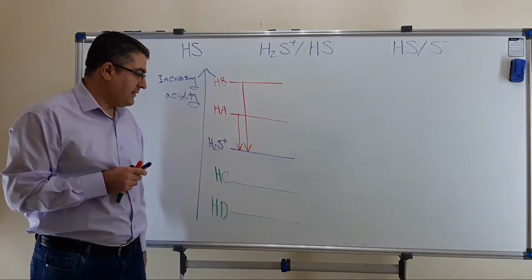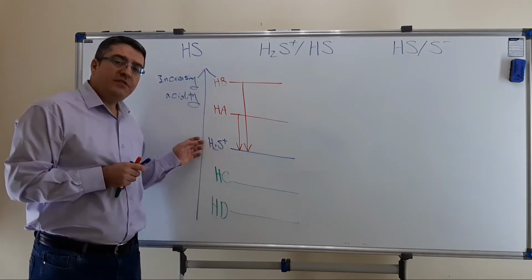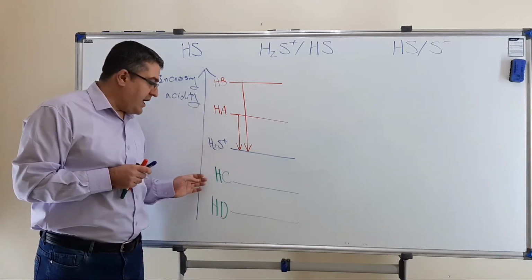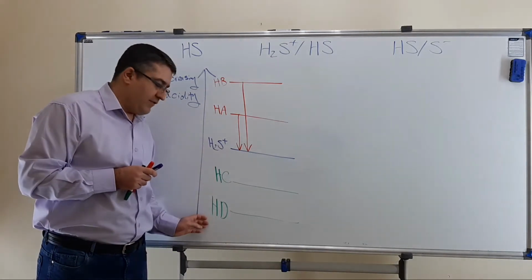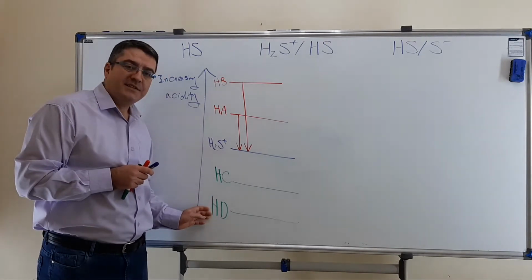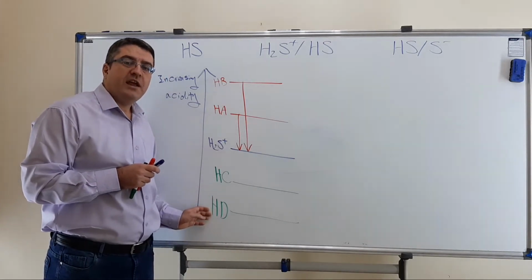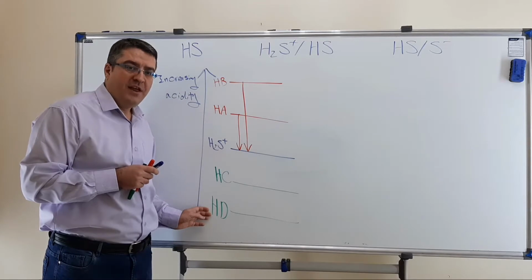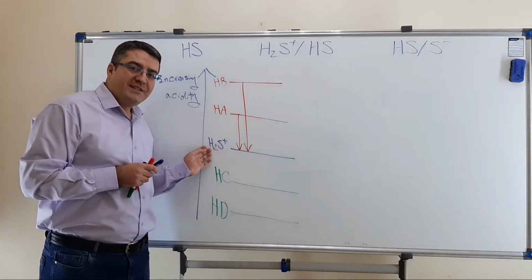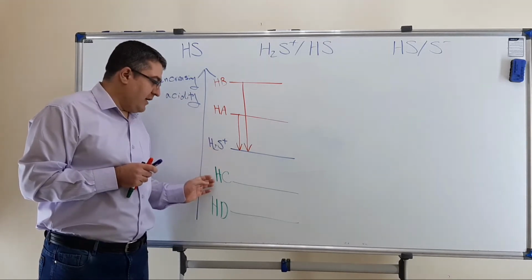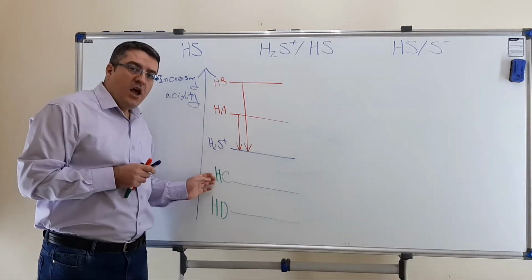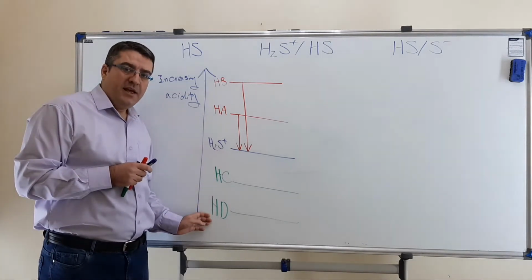On the other hand, solvent HS is a differentiating solvent for these acids, which are weaker than the conjugate acid of the solvent. The solvent HS can differentiate between acidities of these acids.